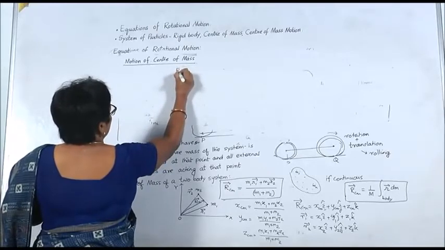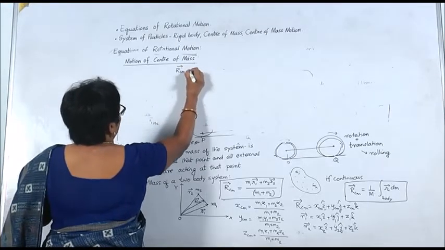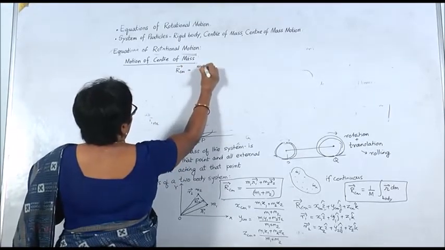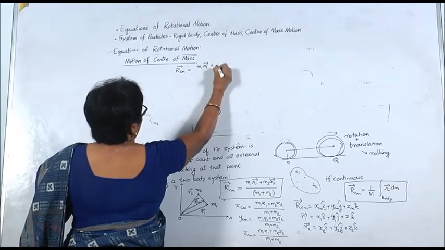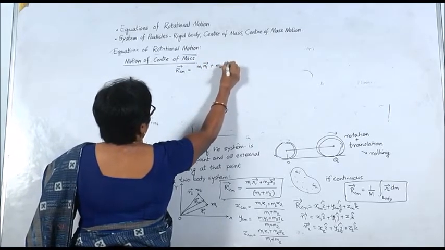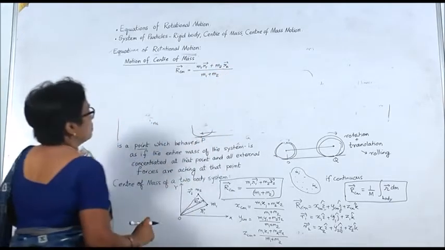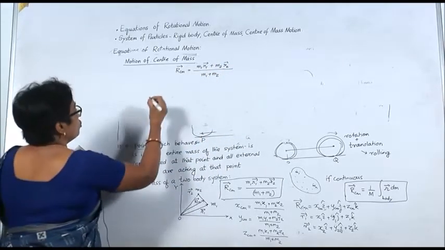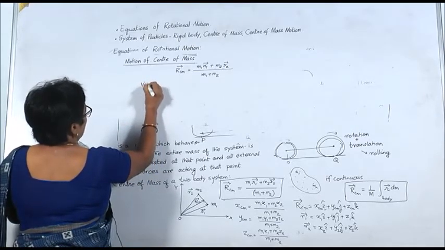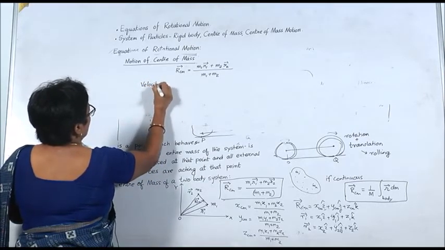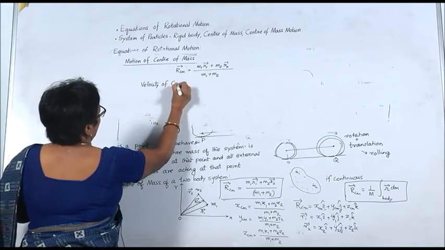See, I have the RCM vector equals m1 r1 vector plus m2 r2 vector. Remember the diagram that we started with. This is a vector relation. So, the velocity of the center of mass, velocity is also a vector.